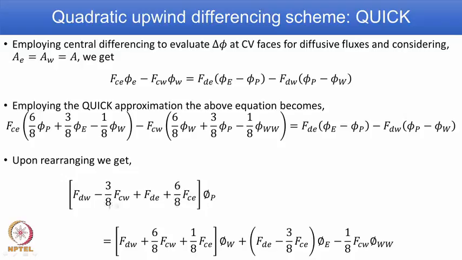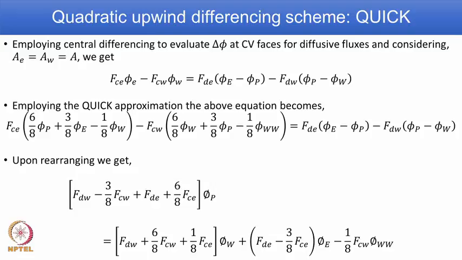So, this term on the left side is the coefficient term for the node of interest, and on the right side they are all supposed to be known, either from the previous iteration or as part of the current solution. So, this node of interest P runs, for this 1D case, from left to right.